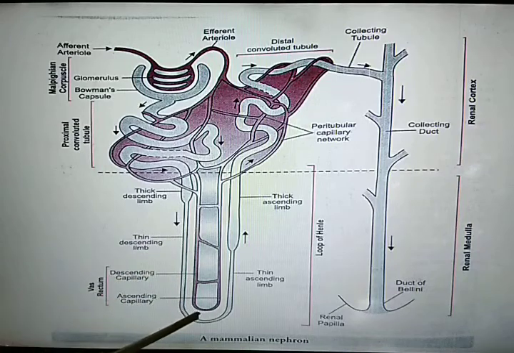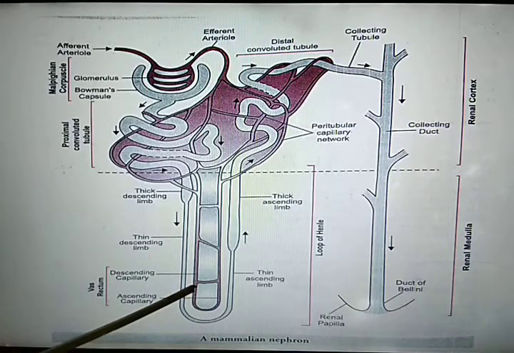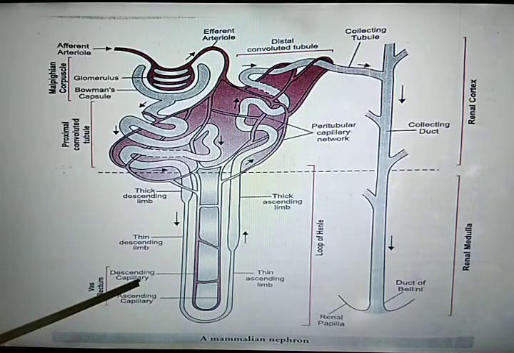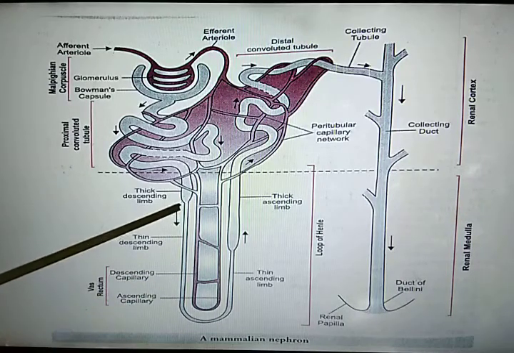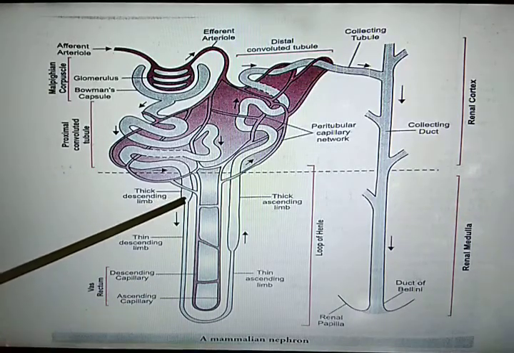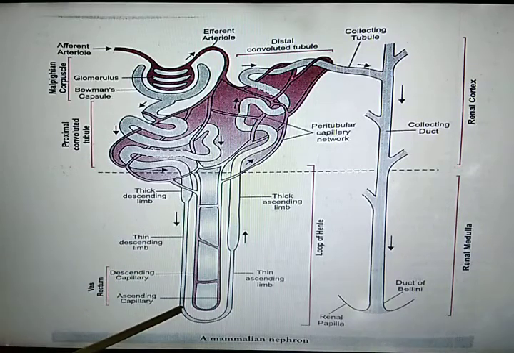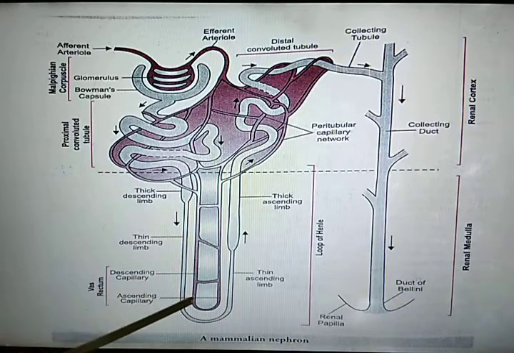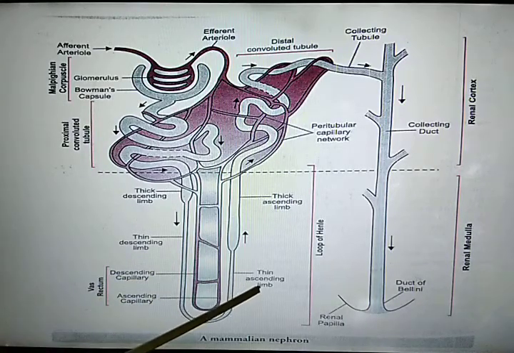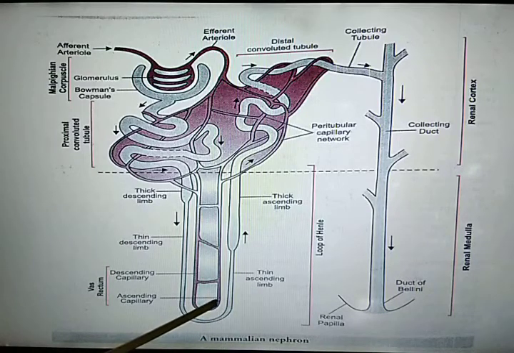This U-shaped structure is known as vasa recta. You can see here two limbs are written, descending capillary and ascending capillary. Along with the descending limb of the loop of Henle, the capillary is known as descending capillary, and along with the ascending limb of the loop of Henle, the capillary is known as ascending capillary.